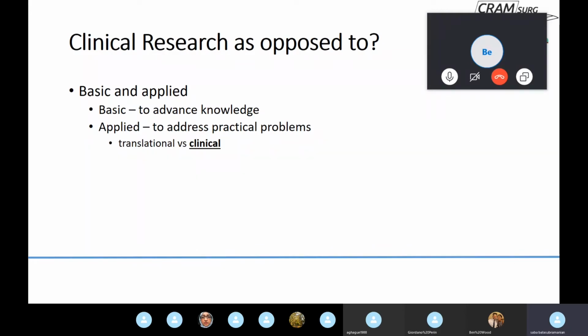Translational research is often referred to as bench to bedside research, or research that takes laboratory findings and makes use of them in the clinic, so lab to clinic research. And I guess that makes sense of what it actually means. Versus clinical research, where you do research on human participants, looking at the diagnosis, prevention, treatment, and so on of human disease.